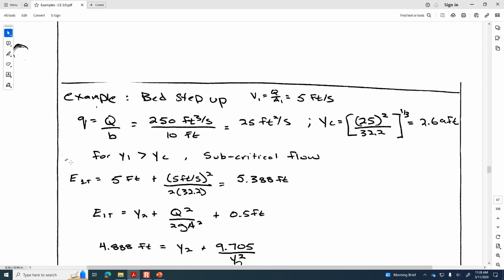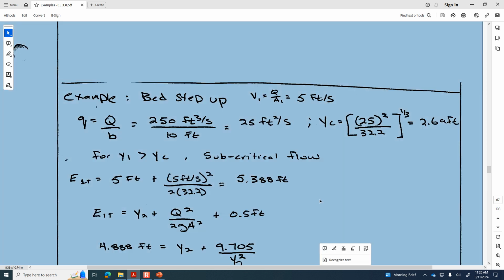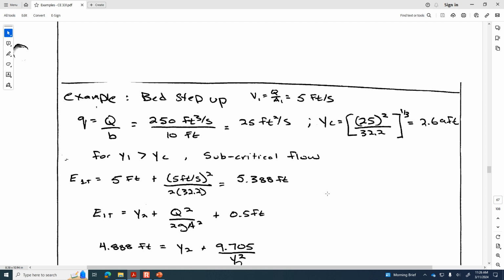So how much specific energy was there at 1? There's the depth at 1 plus the velocity head at 1. Combining the two together, 5.388 feet of specific energy at 1. And then the energy at 2 is going to be the energy at 1 minus the losses.